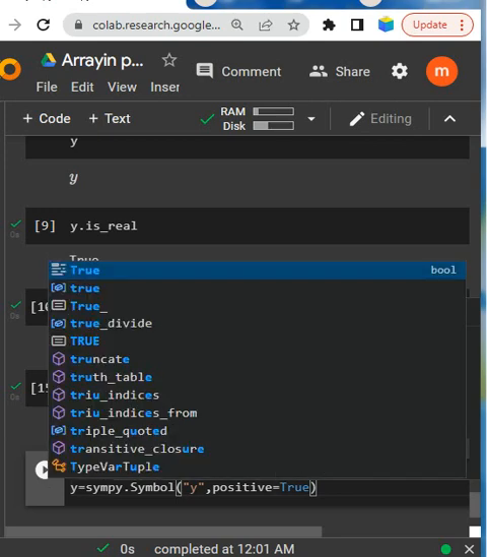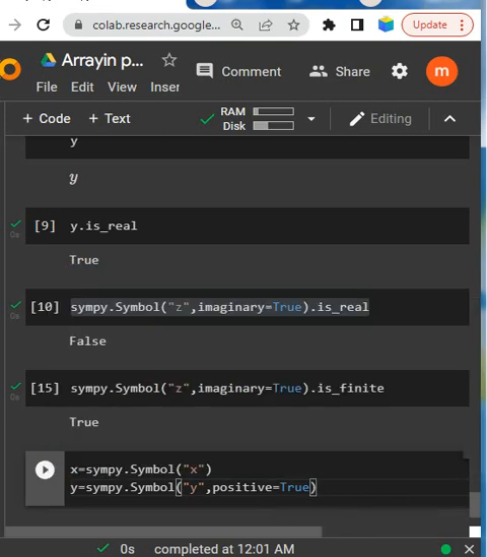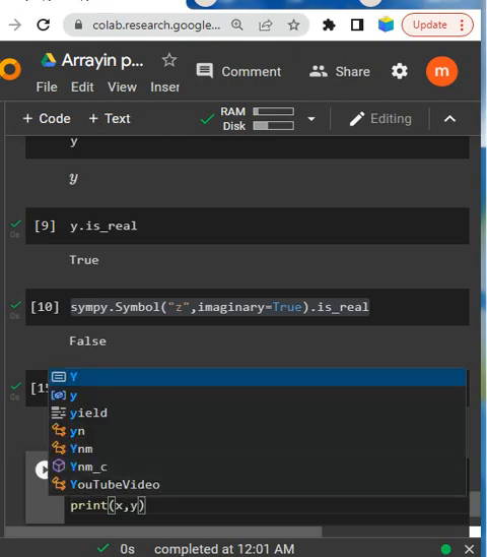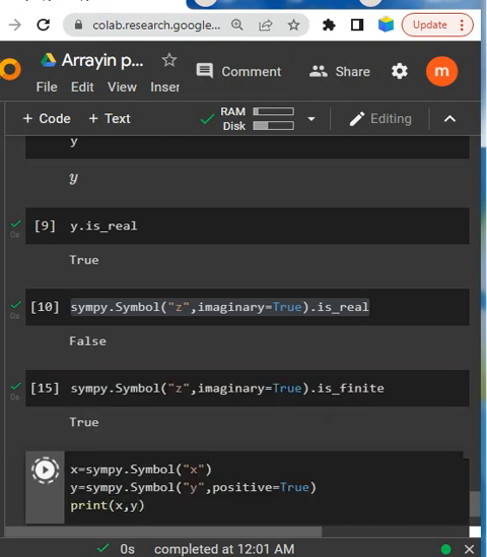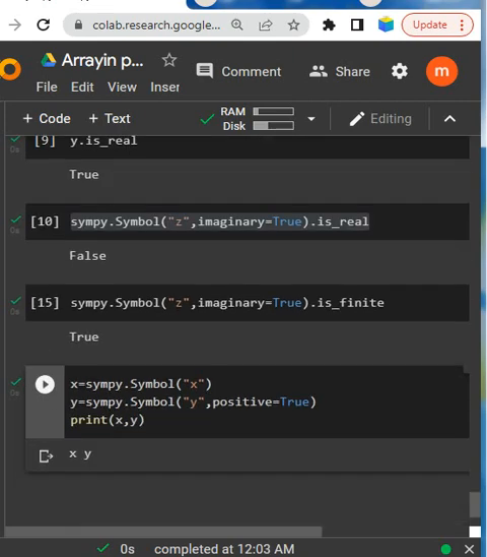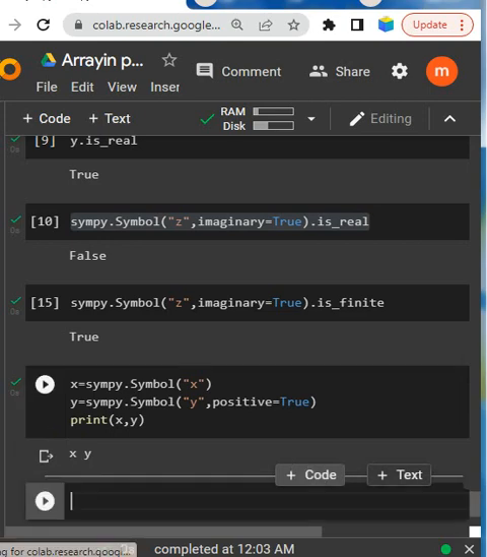And another, I am going to write here a third value like this, sympy. So first I want to print x comma y. So it has been printed like this.